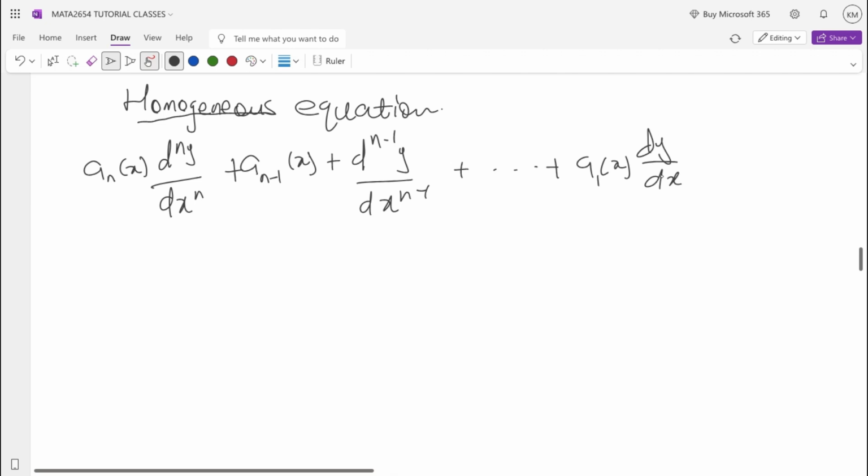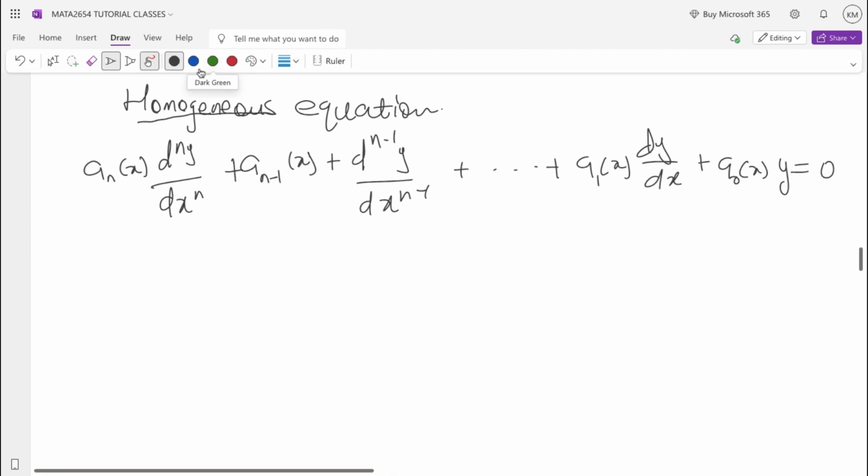The reason I just put dy by dx there is that n is now 1, so it is basically the first derivative. Then plus a_0: if we say n minus 1, we have 1 minus 1, which yields a_0 of x, then y. Then this is equal to 0.